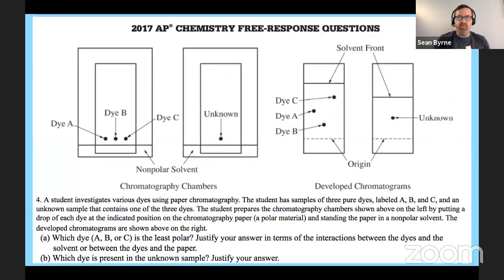Your AP practice problems for tonight to look at will be our warm-up for tomorrow. I will be going through the solutions to this. This is from the 2017 free response exam. I hope this looks familiar to you. And two quick questions are there at the bottom. So I would take a screenshot.